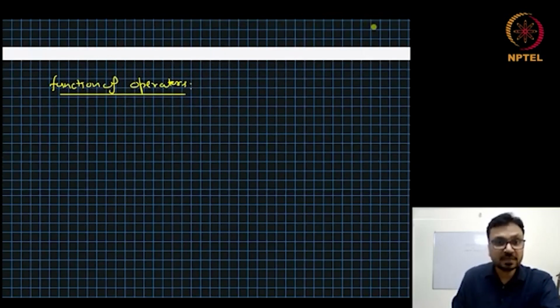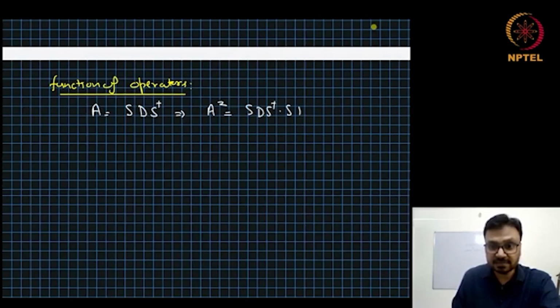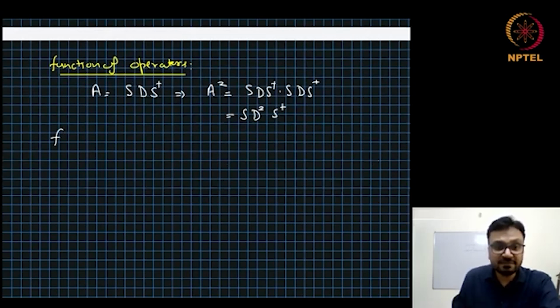But if we have an operator A, which is S D S dagger, like we have seen, then A square will be S D S dagger times S D S dagger, which is S D square S dagger. If we extend this, for any function of A, it will be S, the same function of D, S dagger.